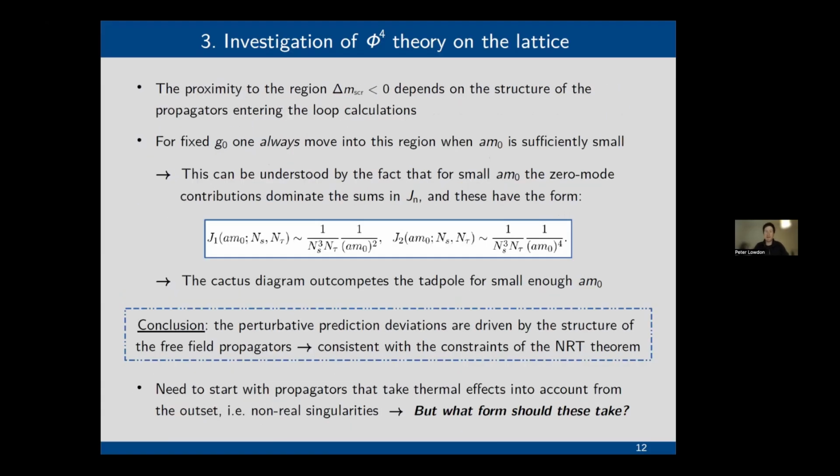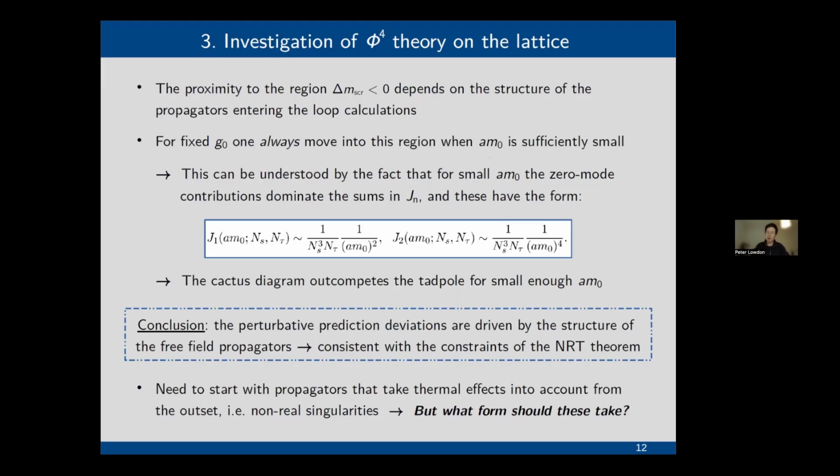So this is essentially a long way of saying what was indicated before. It's the structure of the propagators that you use in your expansion that's causing these problems. It's causing your perturbative predictions to deviate from the lattice data, which is just what the NRT theorem is telling you. The NRT theorem is telling you you can't have on-shell scattering states.